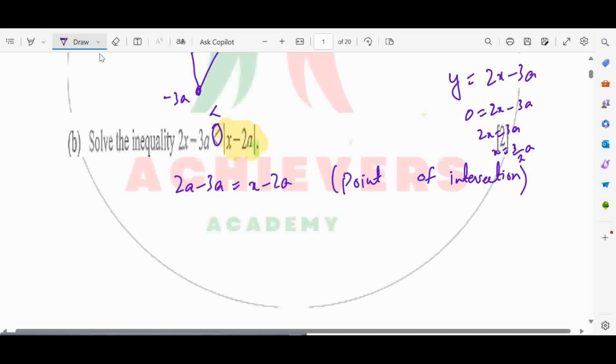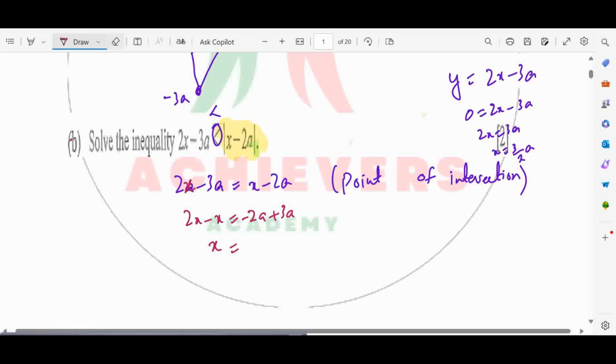So 2x minus x equals 3a minus 2a. Now this will be x equals a.